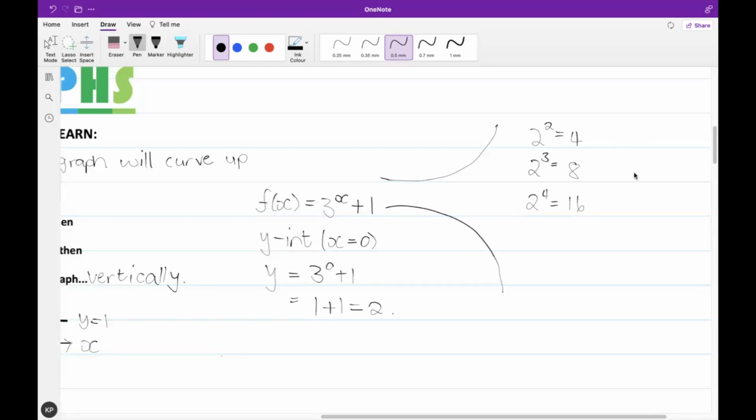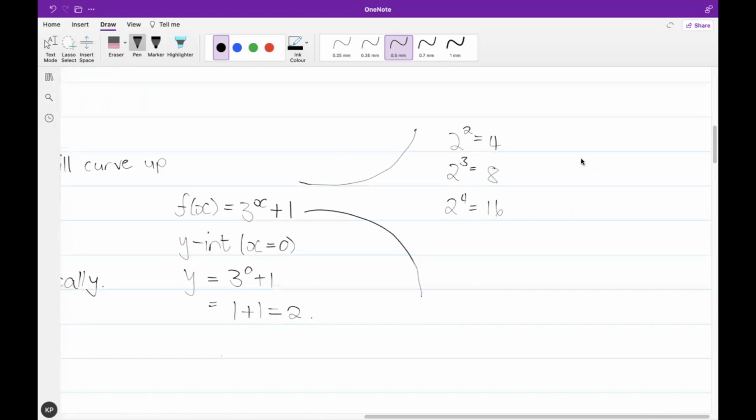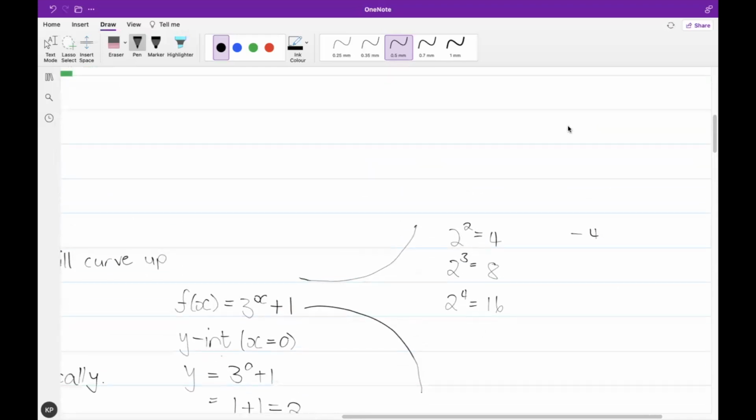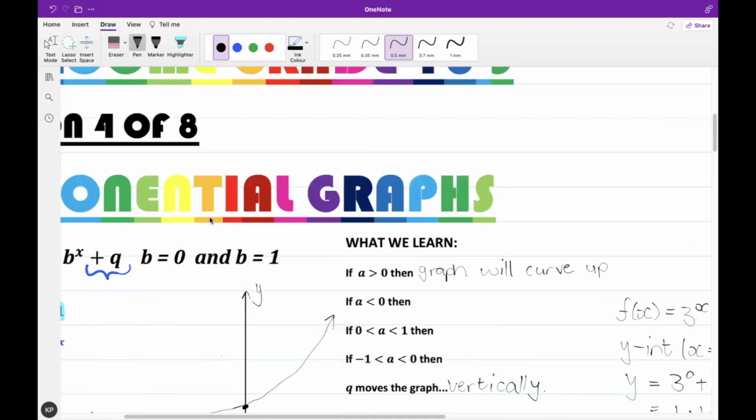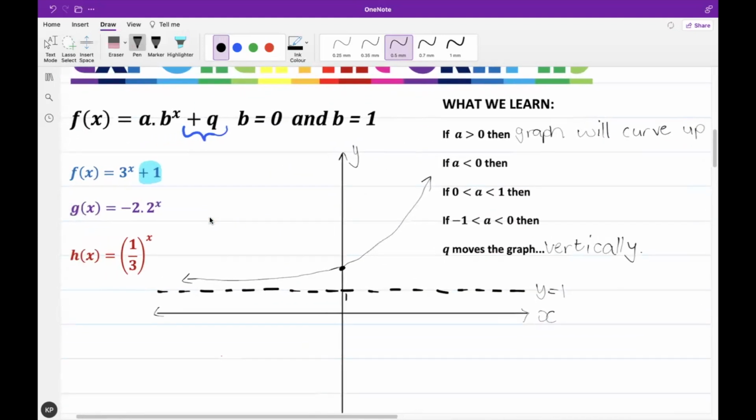If you had to plot this, the first point would be at 4. Then you have to go all the way up to 8. So my curve would go up very fast. The bigger your base, the steeper your graph, because it curves quickly.